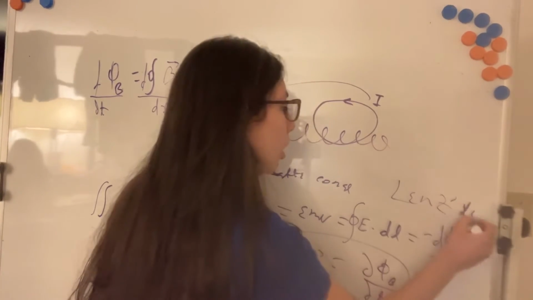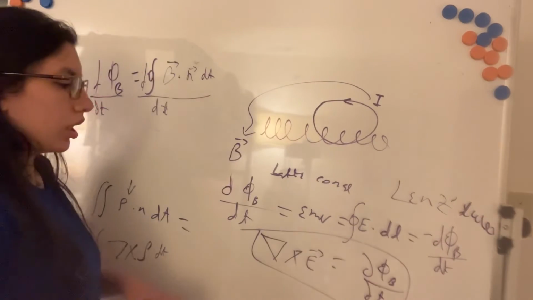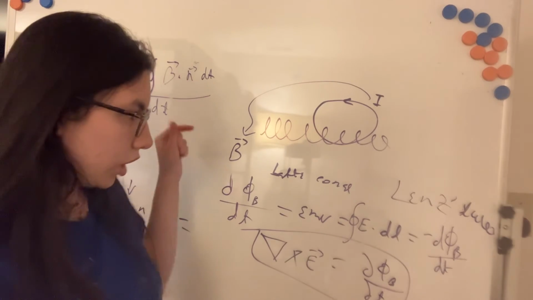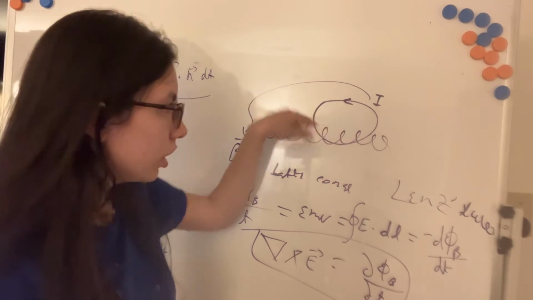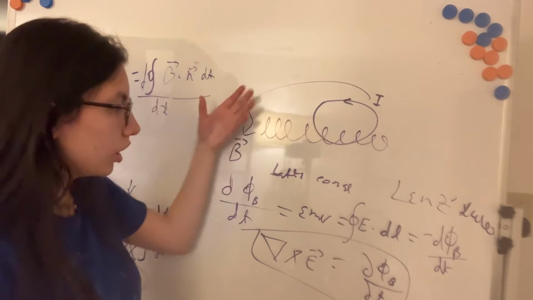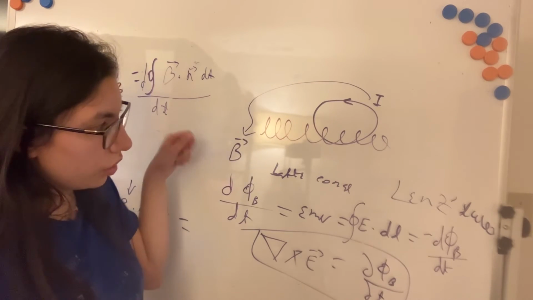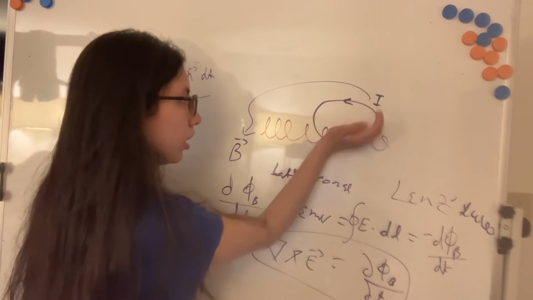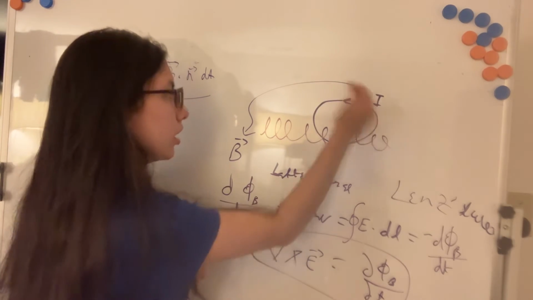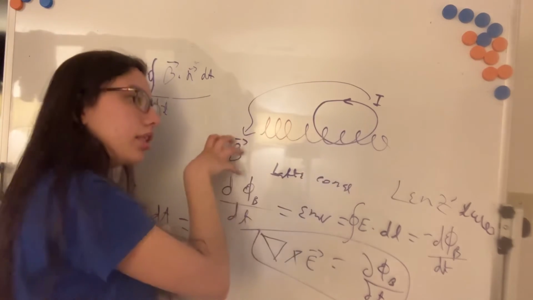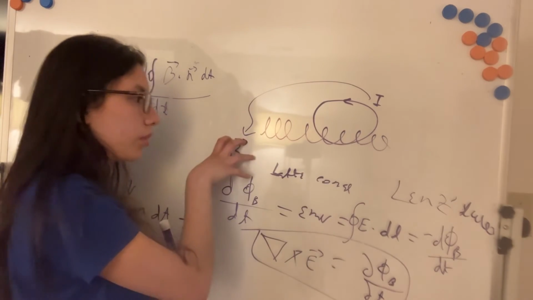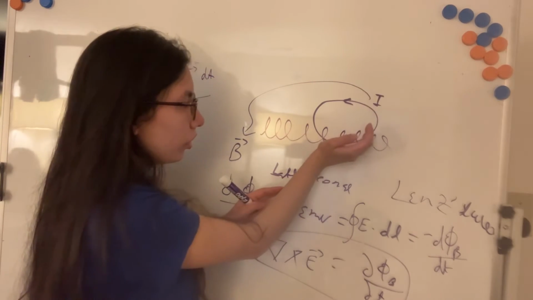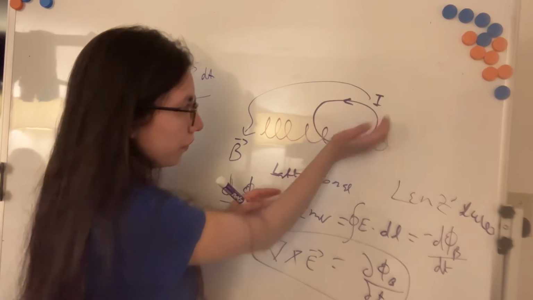Lenz's law says that the change in the magnetic flux produces a current that is opposing the first current, or opposing the magnetic field to increase, because if it goes in the same direction, then this again would produce a change in the magnetic flux, and this magnetic flux would produce again a change in the electric field.